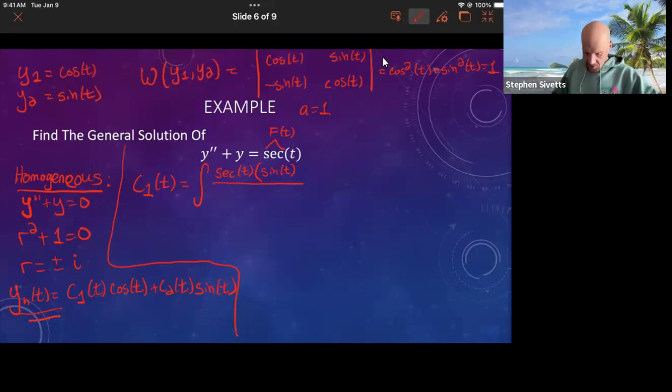Okay, so the Wronskian is 1, over 1 times dt. And so this would equal the integral of tangent.